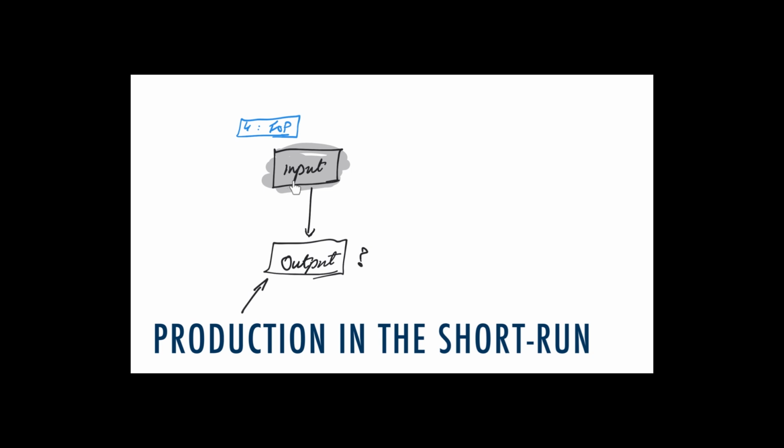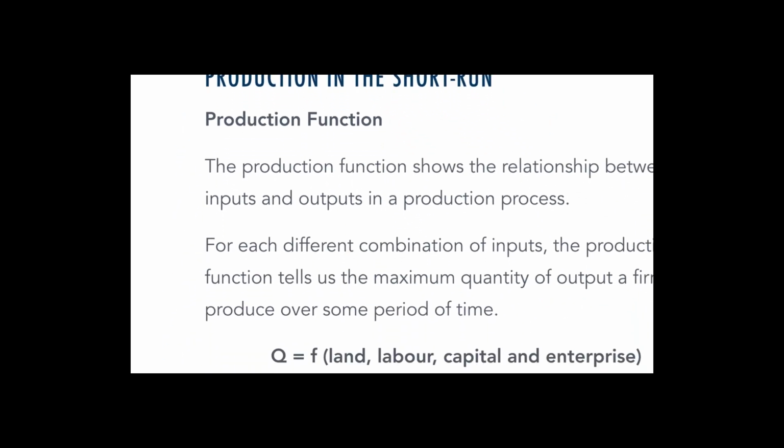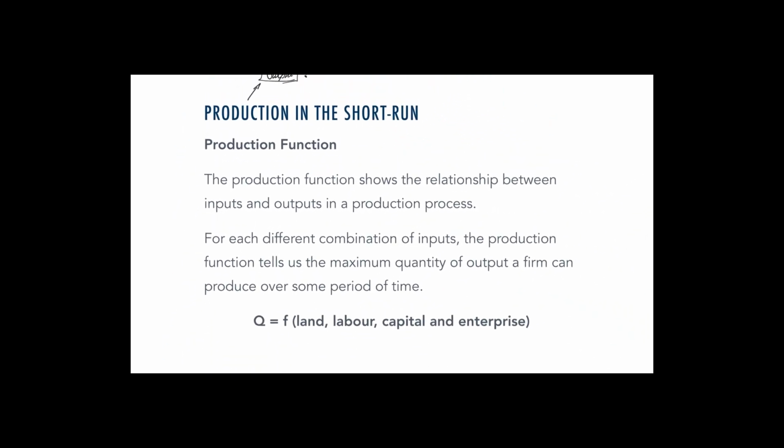So there is a production function for it, is what it's called. A production function is a relationship between output and the inputs employed in a given period of time. And we've seen how the equation looks like. A production function, that is, the f of x basically.